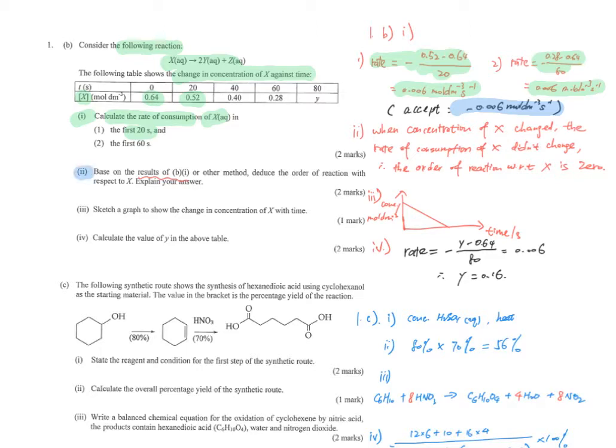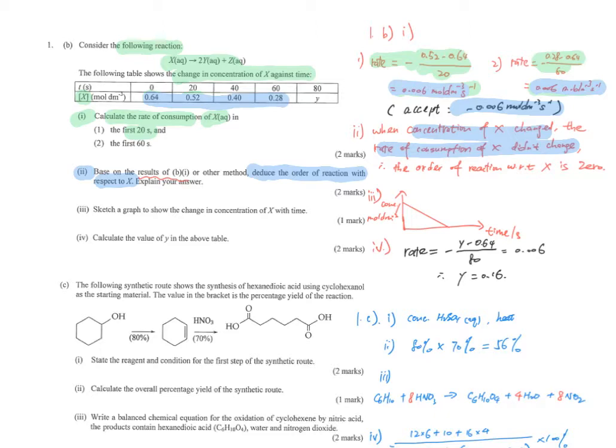Okay, for part 2, use the result of part 1 and then deduce the order of reaction. We always have this kind of question in DSE. So by using the data of part 1, we know that when the concentration decreases but the rate is unchanged, the rate of consumption didn't change when the concentration of X changed.